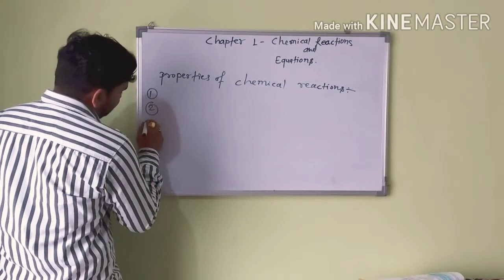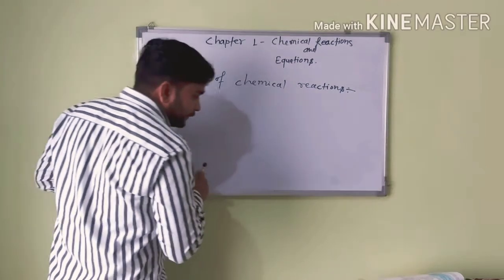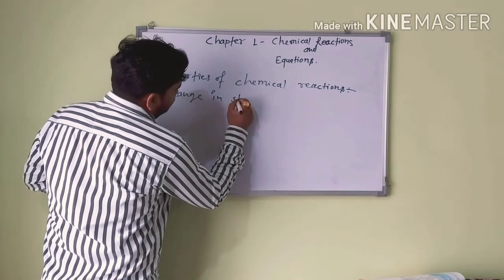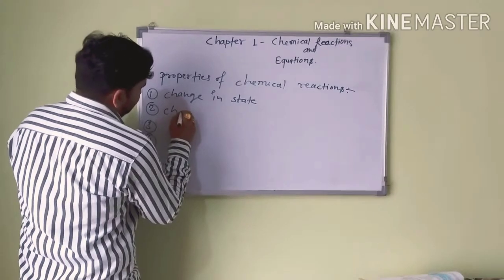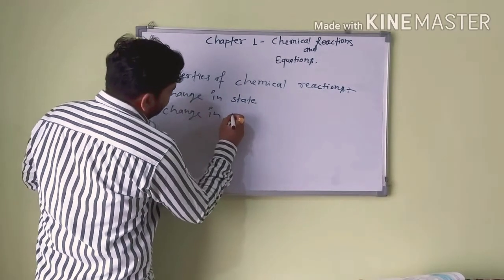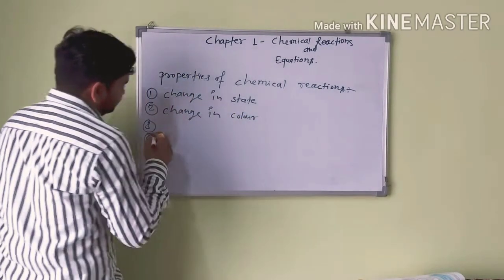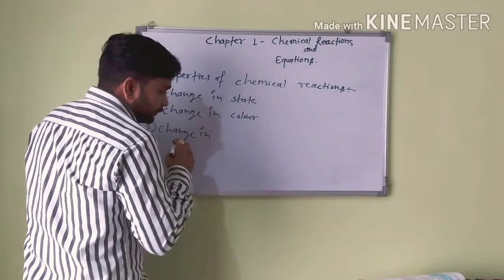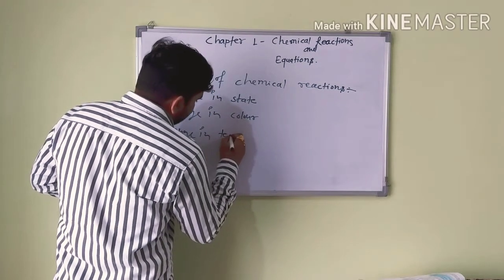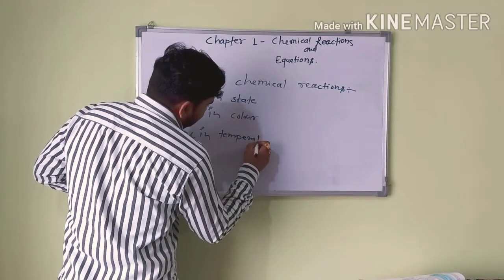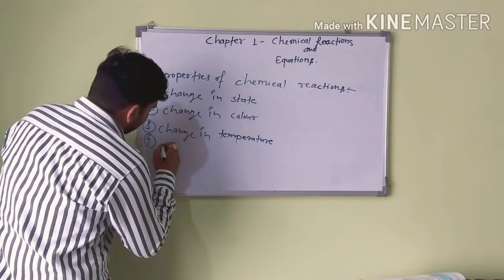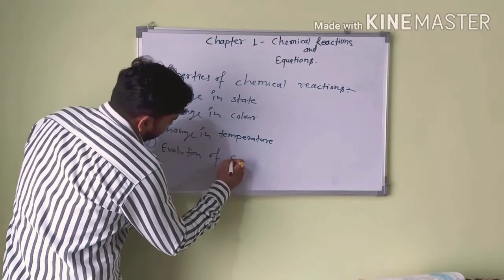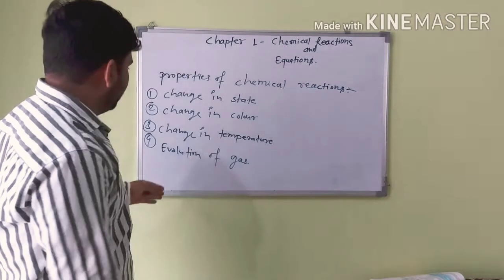These are: first one is change in state, change in color, change in temperature, and evolution of gas. So these are the properties of chemical reactions.